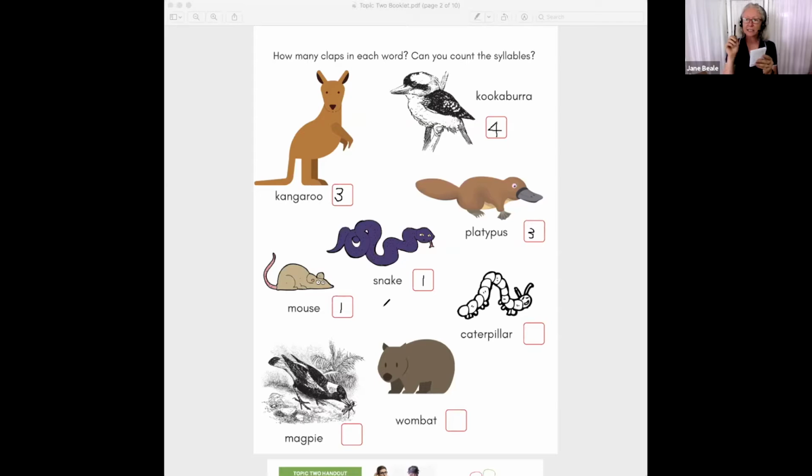Caterpillar. 4. Wombat. 2. Magpie. 2. Okay. So that was our first activity there. And I'll just stop the share.